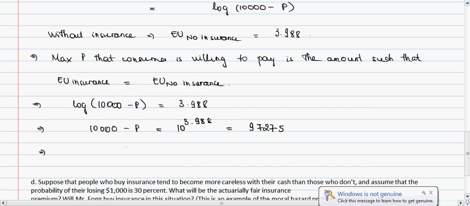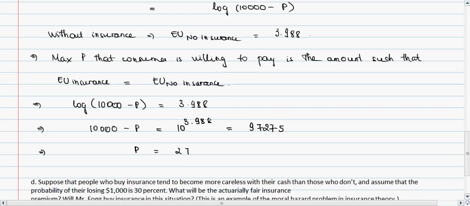So the maximum amount P that the consumer is willing to pay is going to be 10,000 minus this. It's going to give you 272.5.